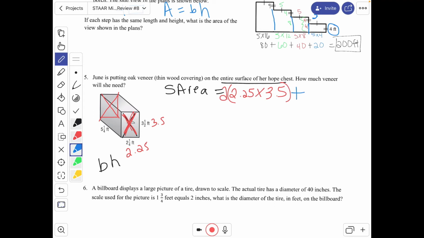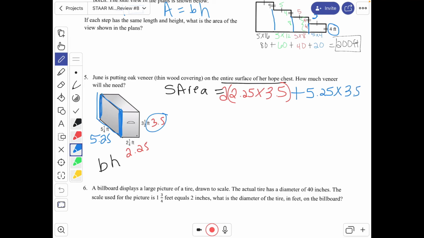plus, let's do the side on the left. This side. So the bottom is 5.25, and the height of this is going to be the same as the other one. So 5.25 times 3.5.